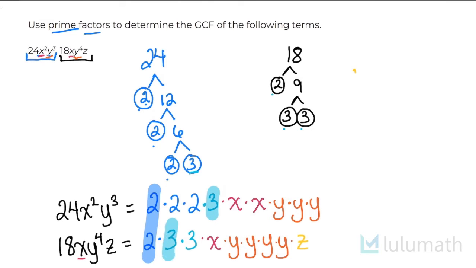For x's, I have just a single x in common. For y's, I have 3 y's in common. And for z, I have nothing in common between both of my terms. Because it isn't in both terms, it's not part of my GCF.